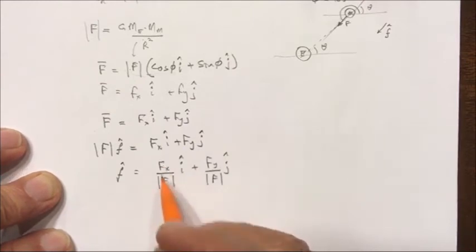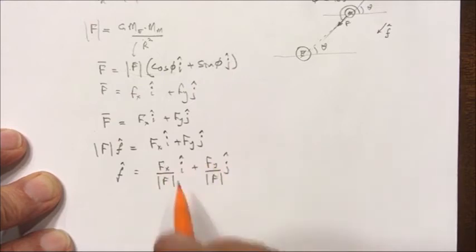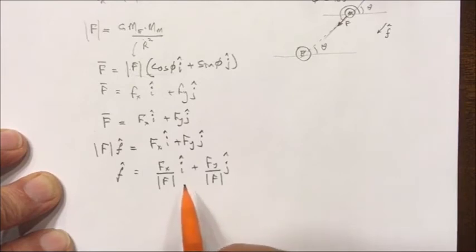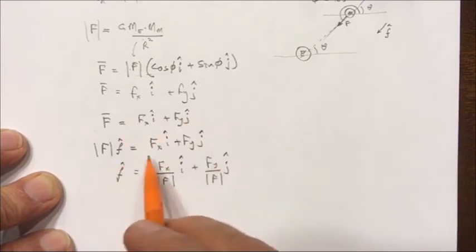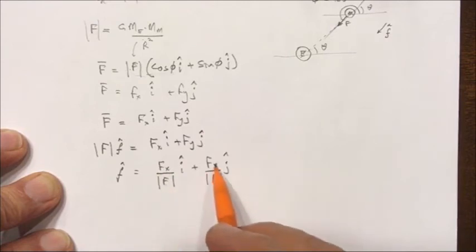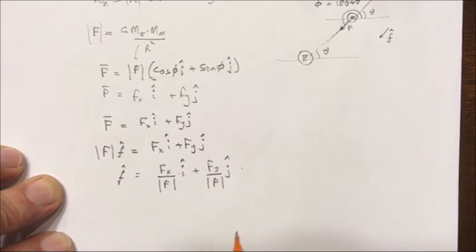Now Fx over F is simply cosine phi, and Fy over F is simply sine phi. So it's cosine phi i plus sine phi j. But if you don't know theta, and you're just given the vector in this form, then you just divide the x component by the magnitude of F and the y component by the magnitude of F, and that gives you the unit vector in that direction.